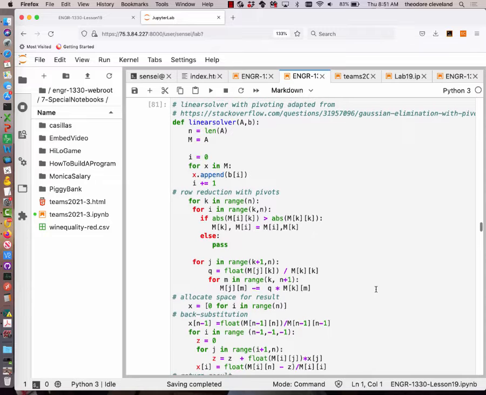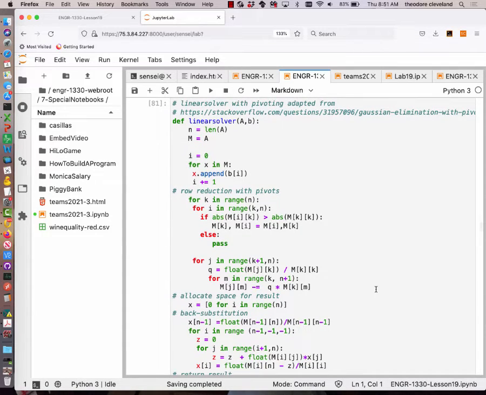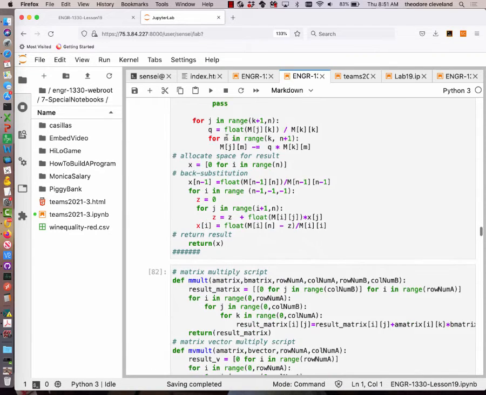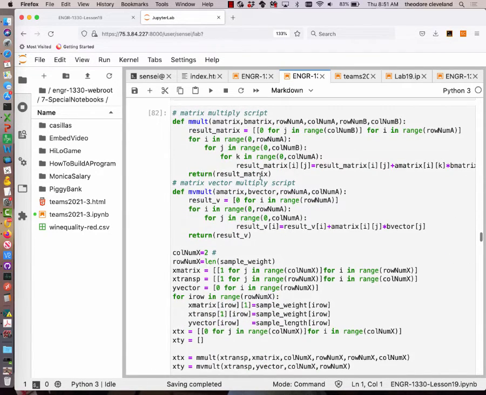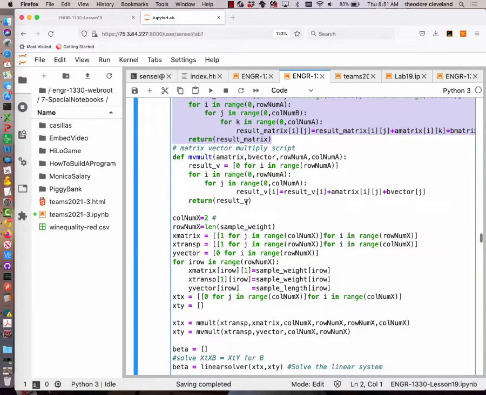Remember what the linear solver was called? I think it was called linsolve or solvelin, one of the two. All this does is Gaussian reduction with partial pivoting. And then we need some homebrew script to handle matrix vector multiplication.